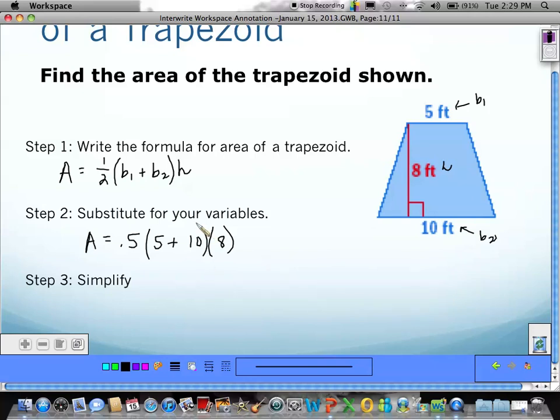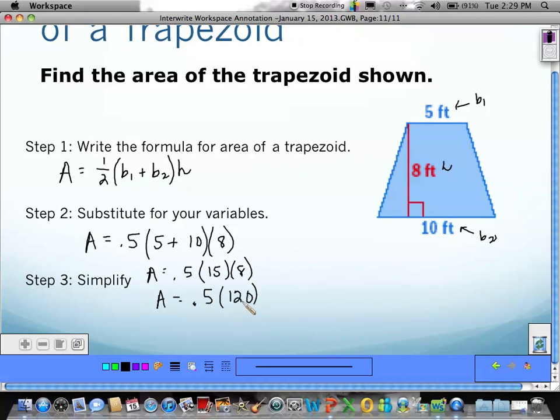All right, PEMDAS says we got to do what's in parentheses first, so I'm going to add 5 plus 10. That's going to give me the area equals 0.5 times 15 times 8. Then I'm going to multiply 15 times 8. So that's going to give me 0.5 times 120.